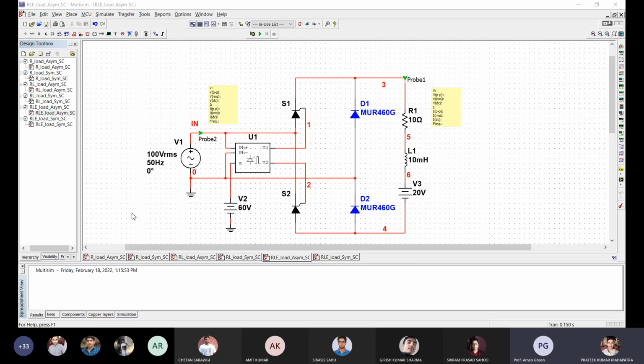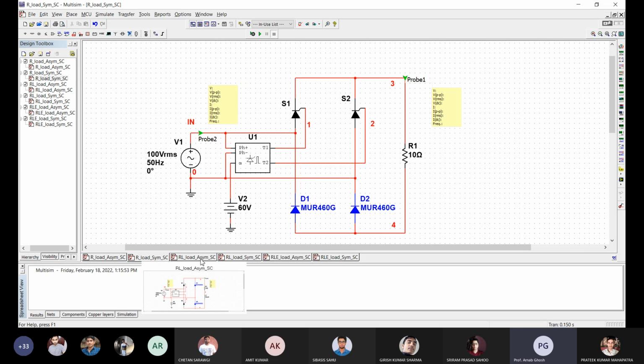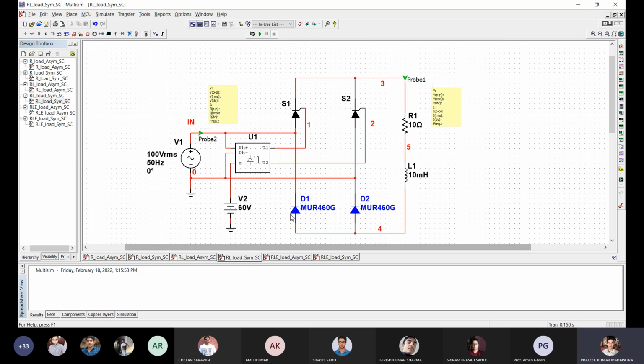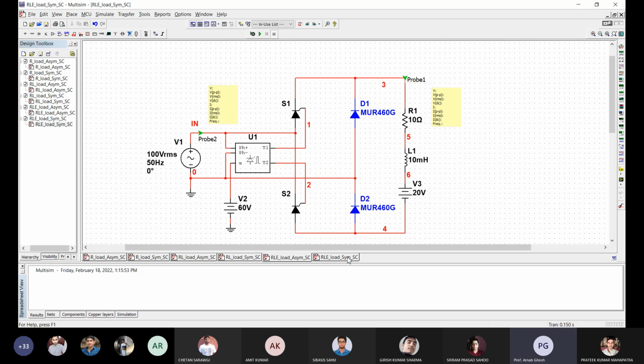Sir, this is R load asymmetrical. And this is R load symmetrical. This is RL load asymmetrical. RL load symmetrical. RLE load asymmetrical. And RLE load symmetrical. Okay.